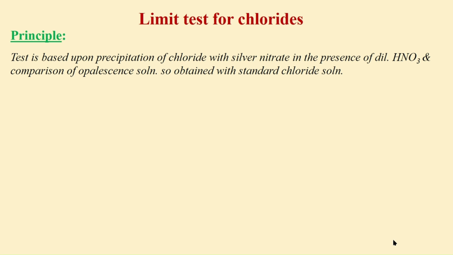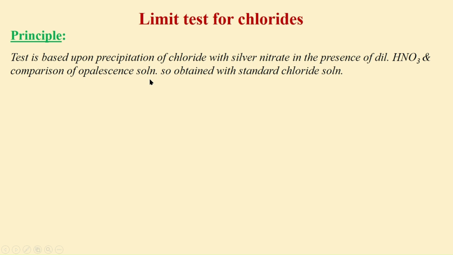The silver nitrate reacts with the chloride ions in the presence of dilute nitric acid. When this silver nitrate reacts with chloride ions, it produces an opalescence.